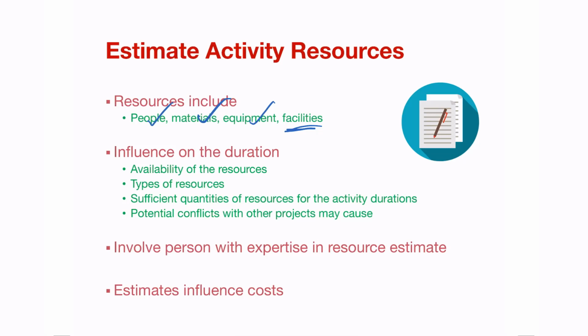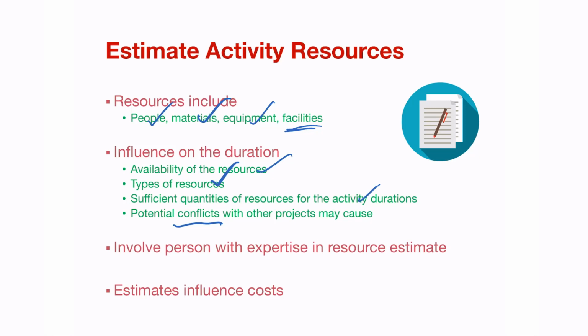All of these have influence on the duration of the project: the availability of the resources, the type of resources that you've got access to, the sufficient quantity of the resources, and activity durations as well. For most projects, especially if you're working on a project internally within an organization, you tend to have scheduling conflicts in which people on project teams might also be busy with other projects, or with their everyday work or workflow.